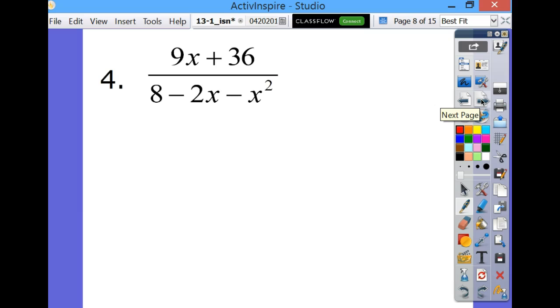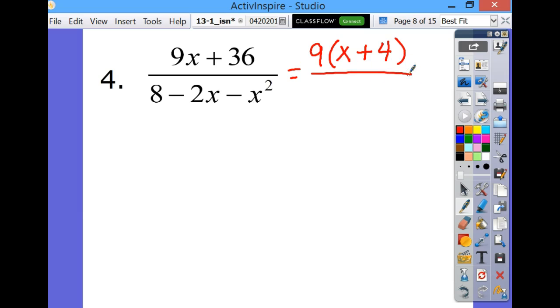Okay. What are we going to do with this? Well, what divides 9 and 36? 9. 9 divides into 36 4 times, and so I'm going to divide out a 9. X plus 4. Take the 9 out in front.